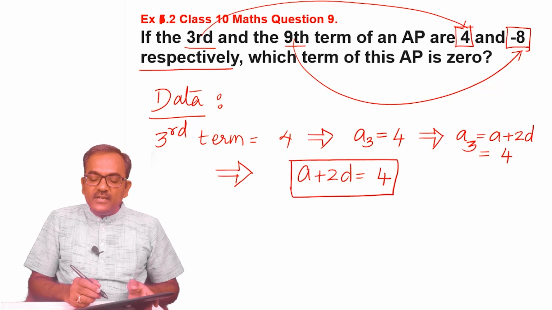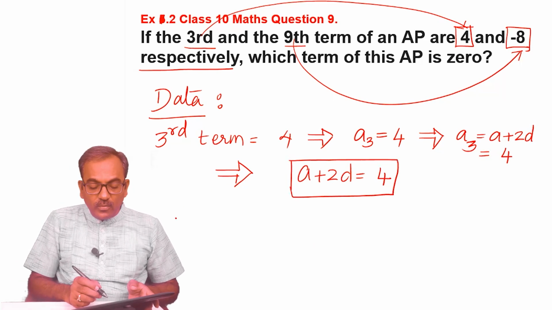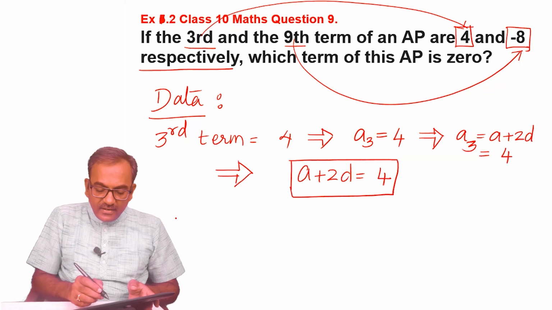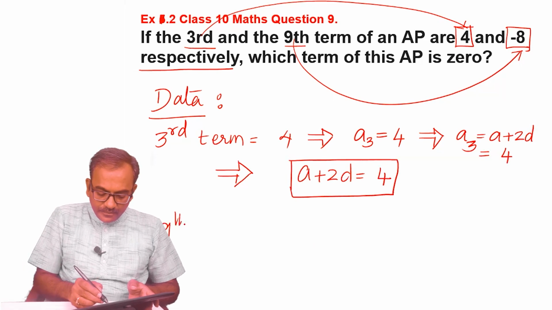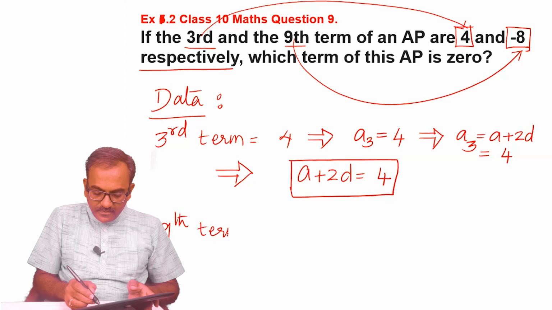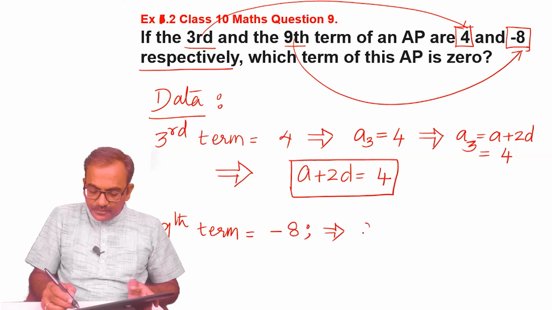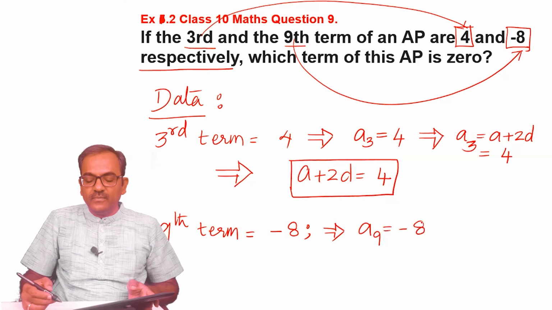Now let us take up the second part of the problem. Here it says that the ninth term is equal to minus 8, that is, A9 is equal to minus 8.